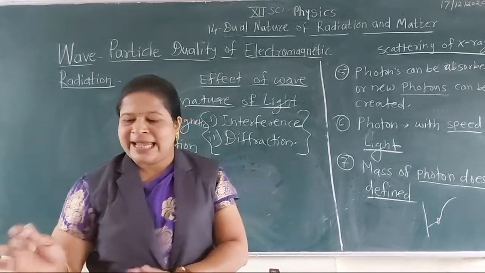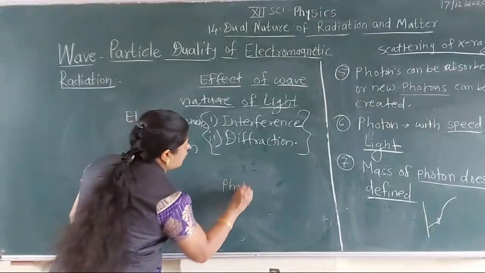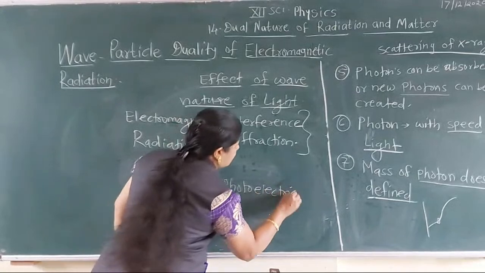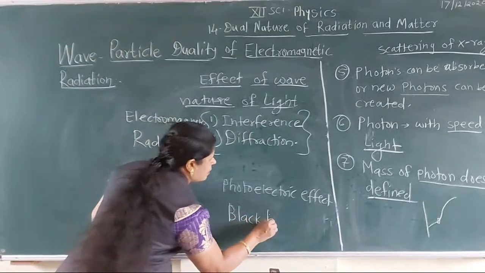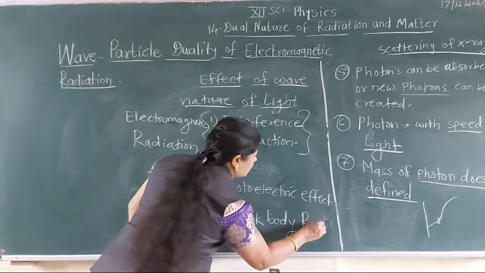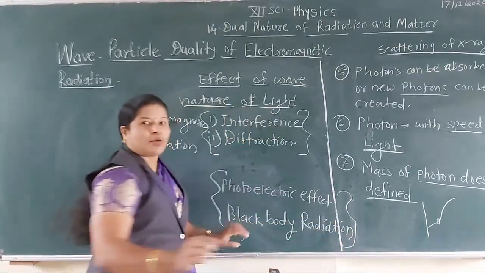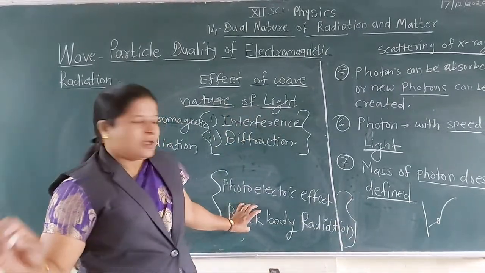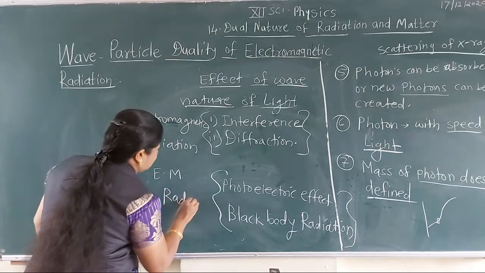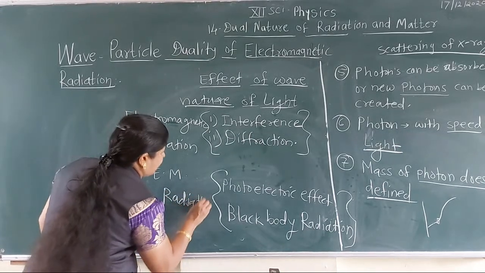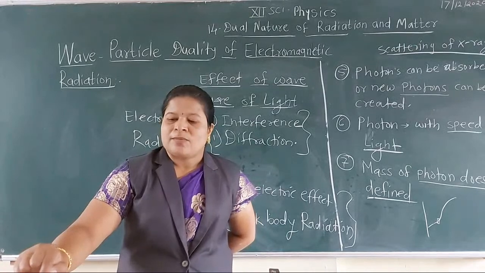Another two observations, the photoelectric effect and black body radiation, show us that electromagnetic radiation consists of photons.